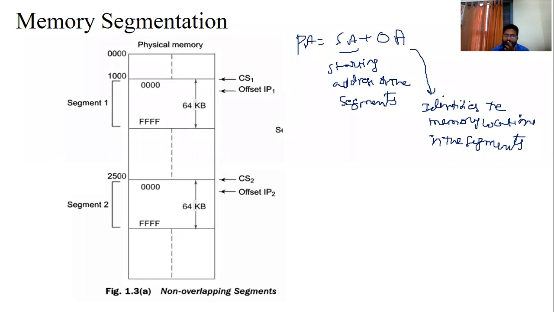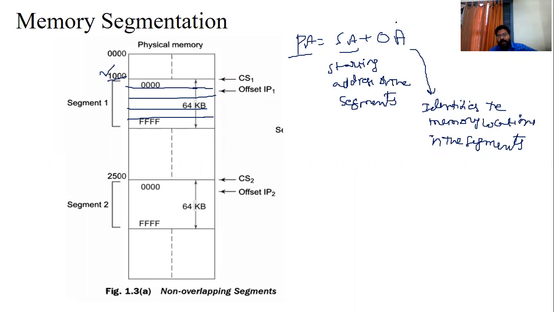Remember carefully. The total physical address is divided into the segment address plus the offset address. So the segment address will identify the starting address. Why is each and every segment memory only 64 KB? Why is it restricted to 64 KB?